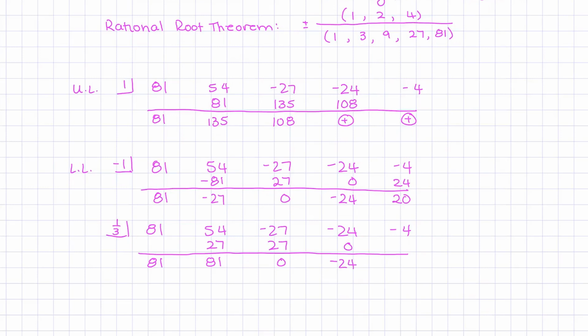And 1/3 of -24 is -8, and we add. And it didn't work, and this also told us nothing. I plugged in a positive, but this bottom row contains negatives. It's not an upper bound.